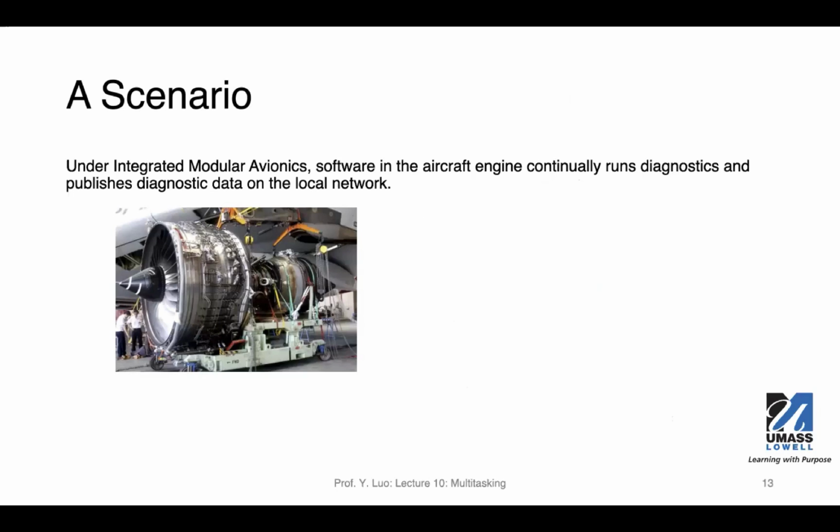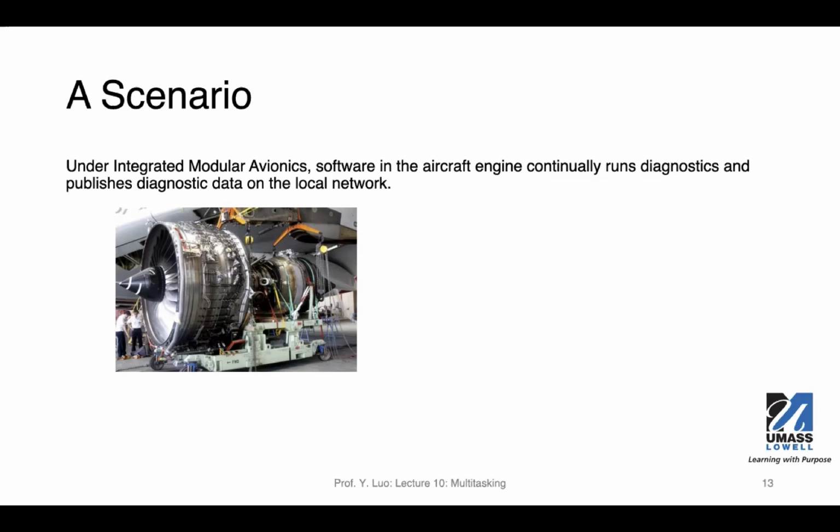Next, we want to use a scenario from the aviation industry to explain a common software practice. Using modular avionics hardware, in these several physical systems, the software in the aircraft engine continuously runs diagnosis and also publishes the diagnosis data on the local network to all the other software systems and hardware systems on the local network.